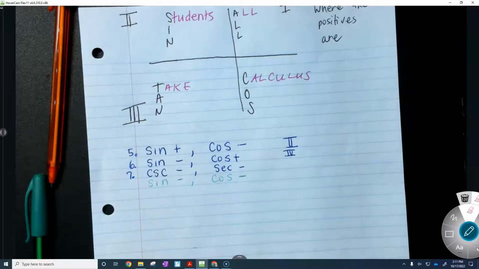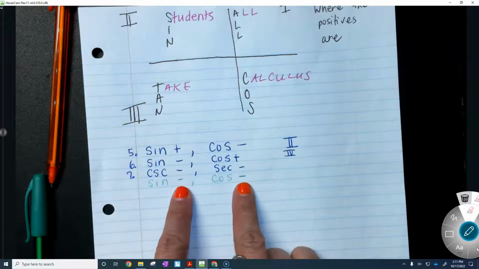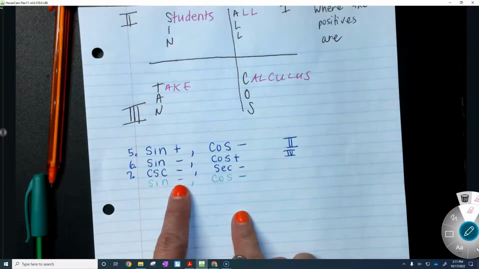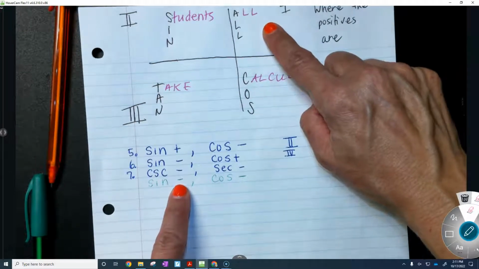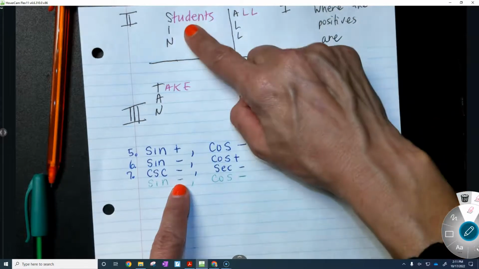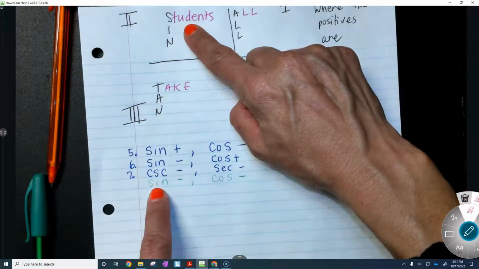How do we find out again what quadrant we're in? Based on the signs. So sine is negative, so it can't be there, because that's where they're all positive. It can't be there, because that's where sine is positive.